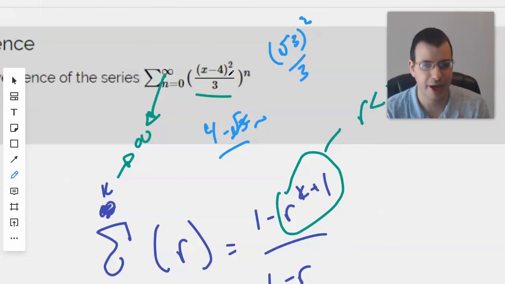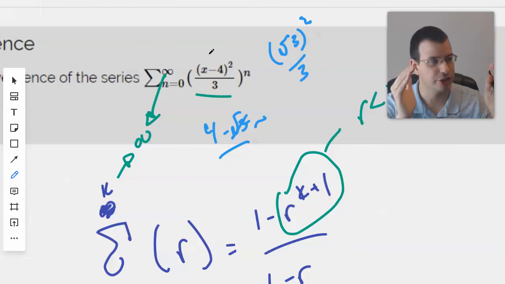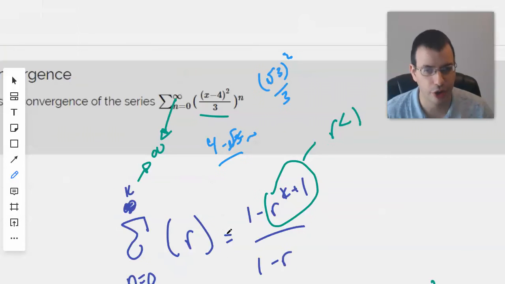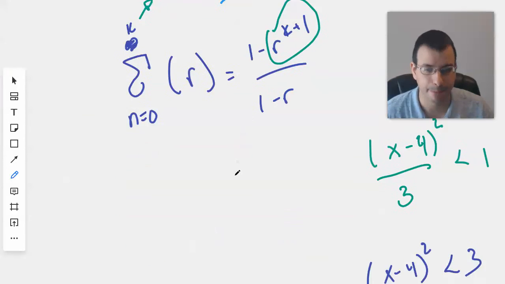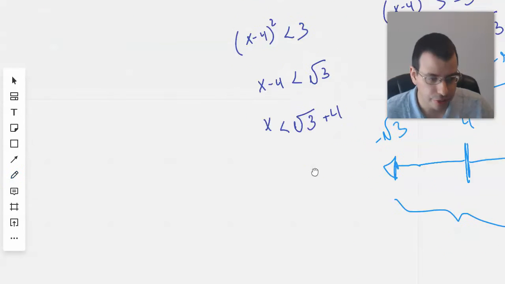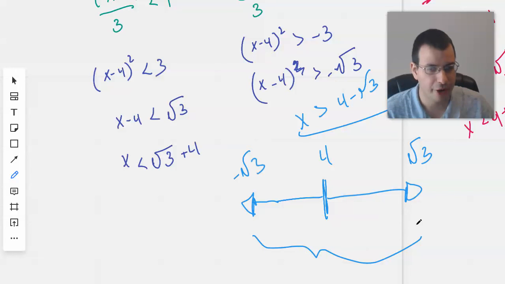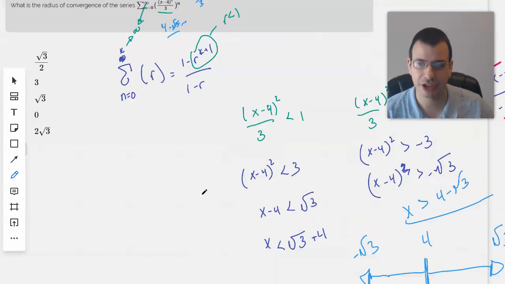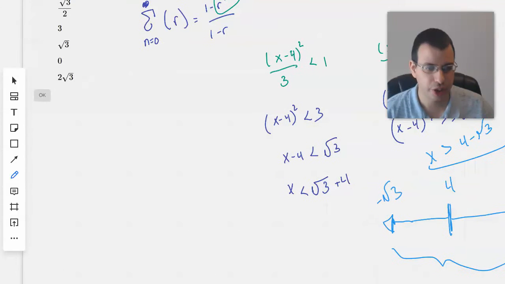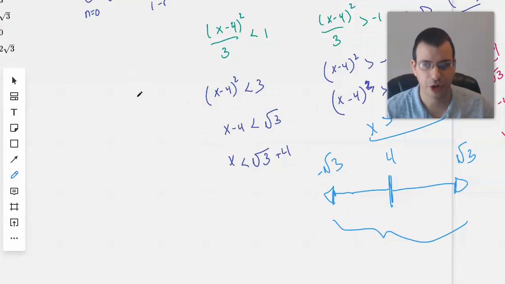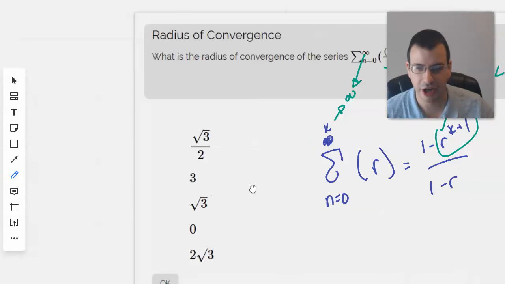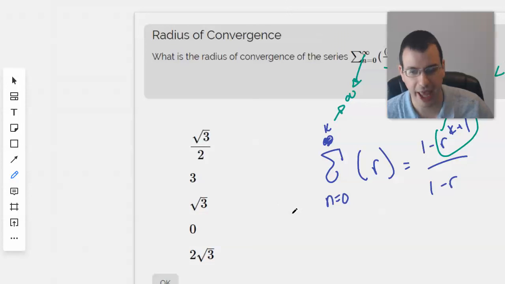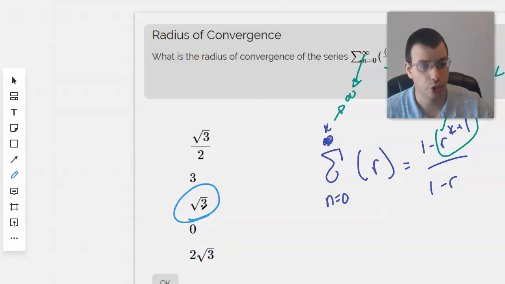This gives you the bounds of this inner value, this r, being between negative 1 and 1. That's why we're bounded by the square root of 3. Since we have positive or negative square root of 3, our radius of convergence will be half of that. So in this case, it will be the square root of 3.